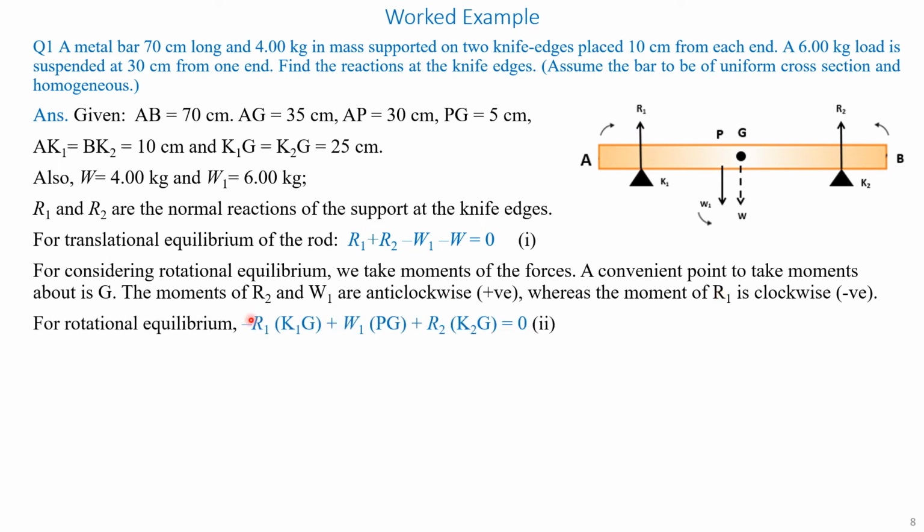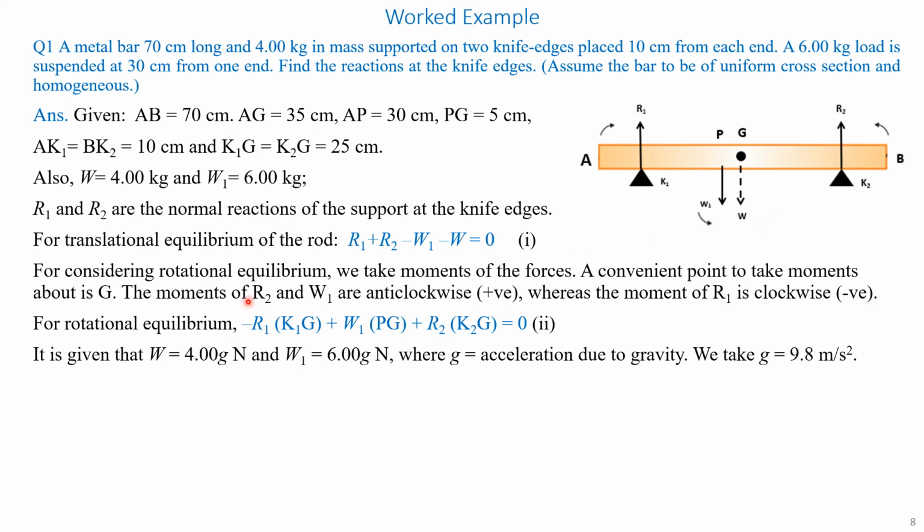So for rotational equilibrium, we write minus R1 into K1G plus W1 into PG plus R2 into K2G. K1G, K2G and PG are distances. R1, R2, W1 and W are forces. Let it be equation 2.